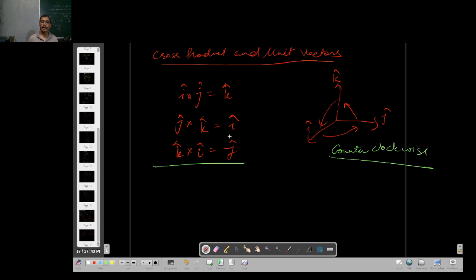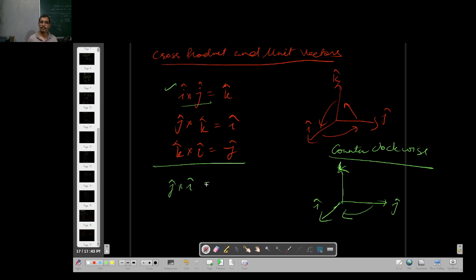But if I rotate j to i, that is, j cross i, here it is i, it is j, and it is k. If I rotate j to i, then I again get k, but opposite, because its rotation is opposite.